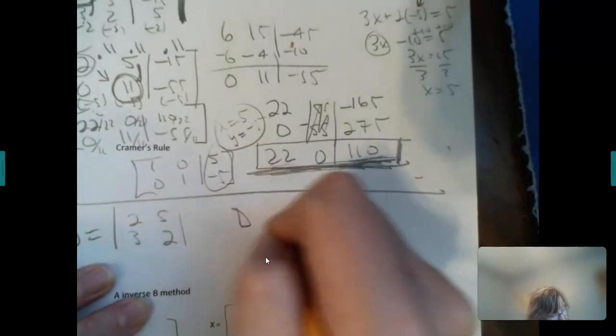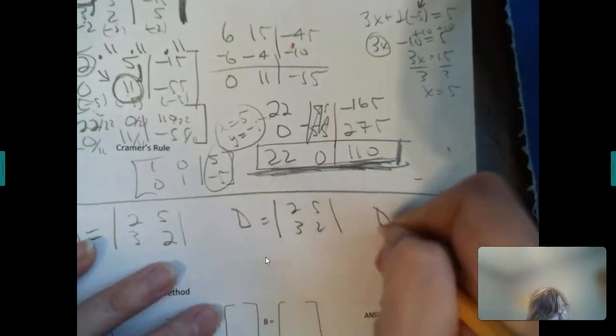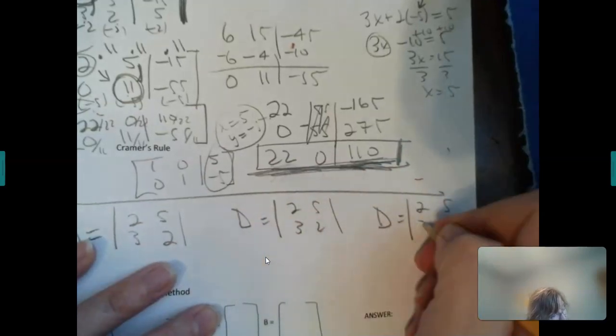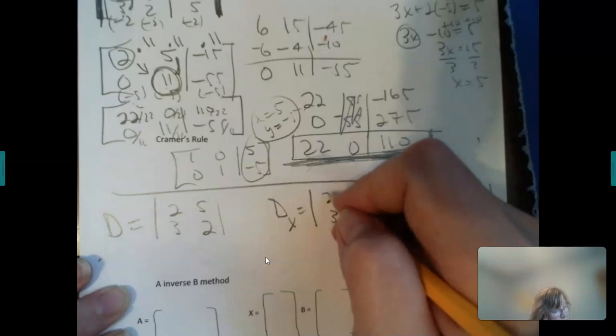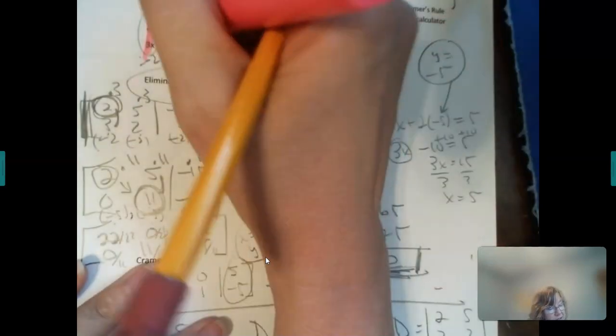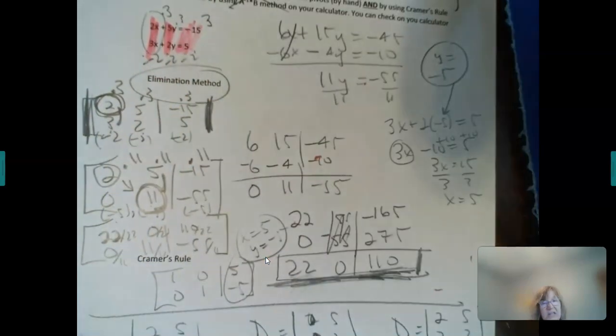Then I write D again, 2, 5, 3, 2. Then I write D again, 2, 5, 3, 2. Now obviously we don't need D 3 times. We need Dx, which means you're going to ditch the x and replace it with the answers over here, -15 and 5. So put a -15 here and a 5.